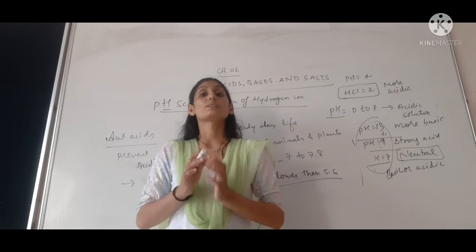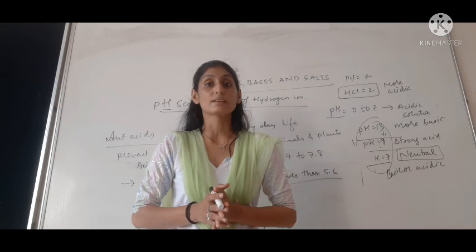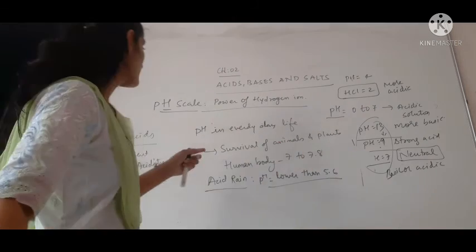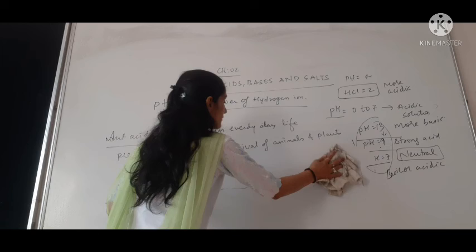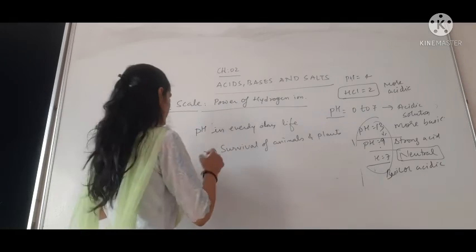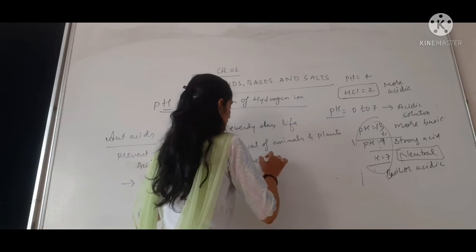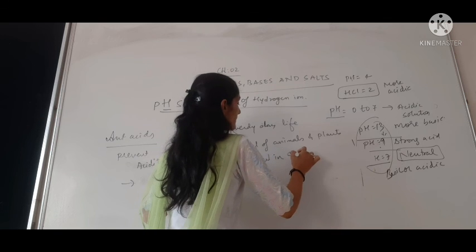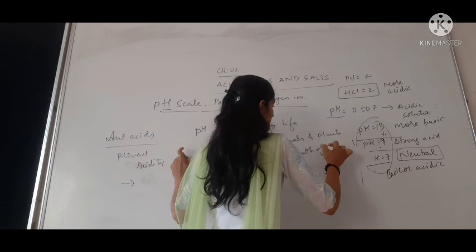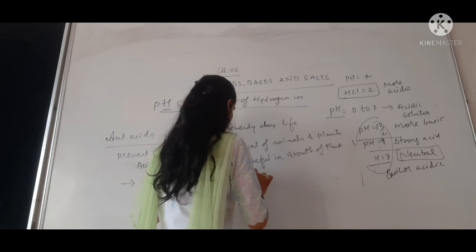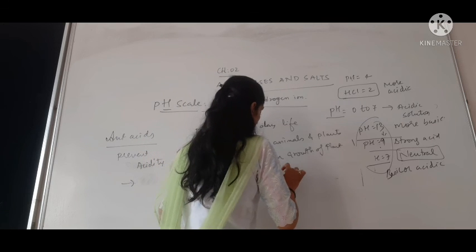Okay, so that is what we have learned about pH in everyday life, and in the next class we are going to discuss what we have learned in pH in everyday life, survival of animals and plants. Then pH is useful in growth of plants. pH is also useful in the digestion process.